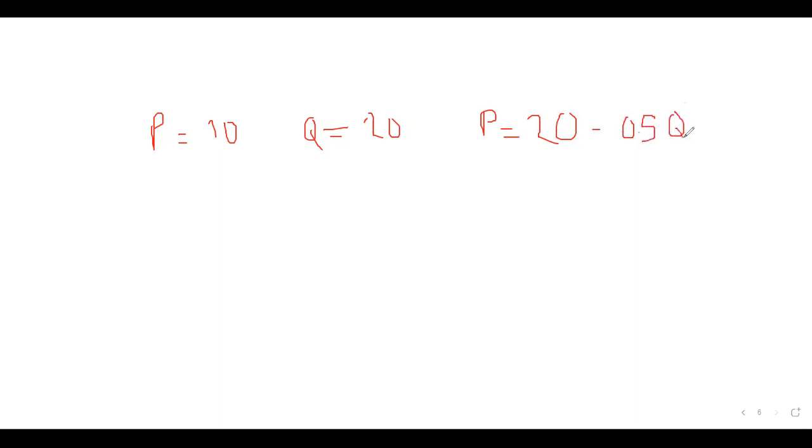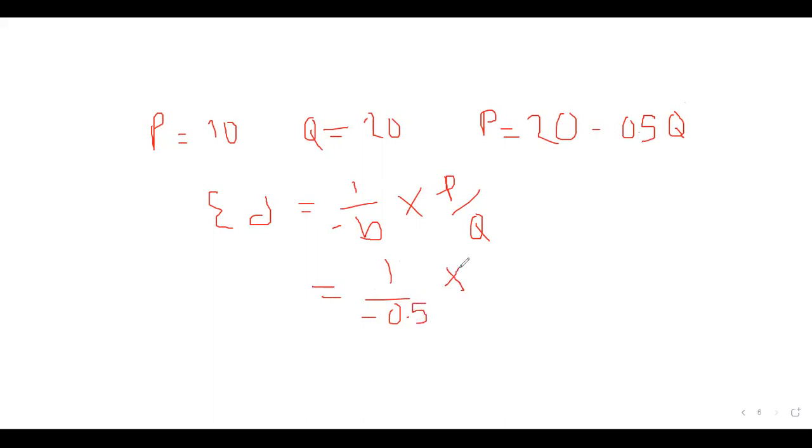So how do you find the elasticity of demand? 1 over B times price over quantity. What is our B? Our B is negative 0.5.